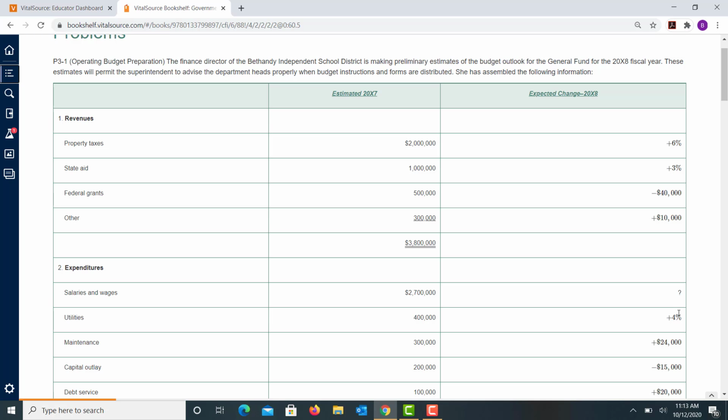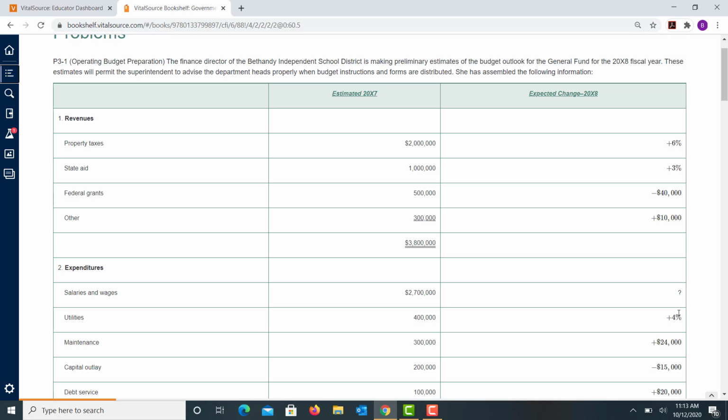Example would be like the highway patrol, burglary investigations. Also the character, like the fiscal period presumed to benefit, such as the current period. Also the object, which classifies by types of items, purchases, or services obtained, such as salaries, fringe benefits, and travel.